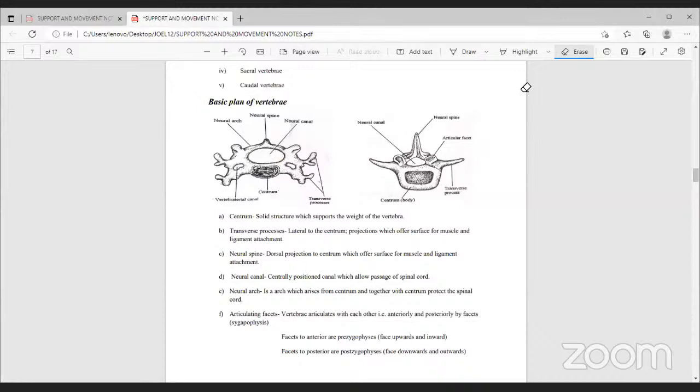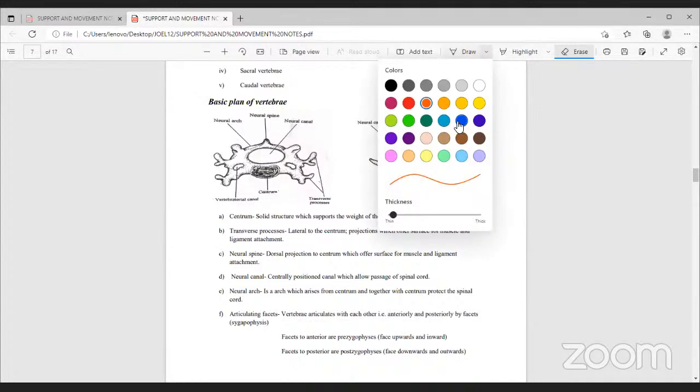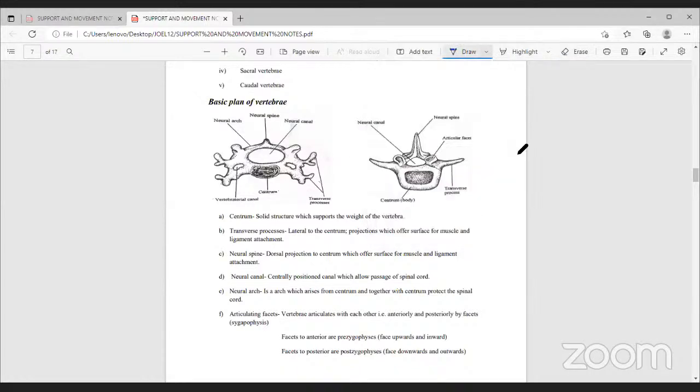The other thing is the articulating facets. Look at this. Here we have the articulating facets. To articulate means to join.